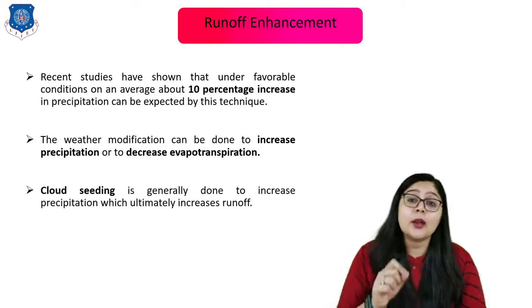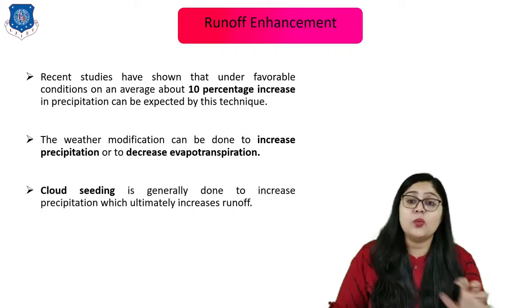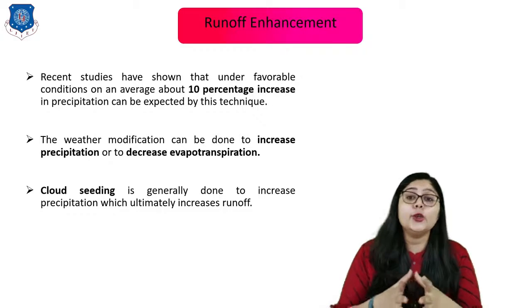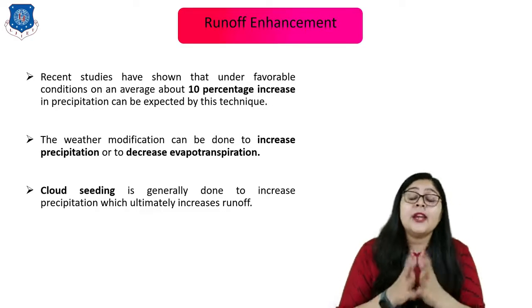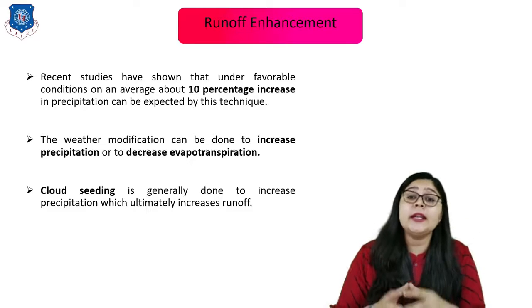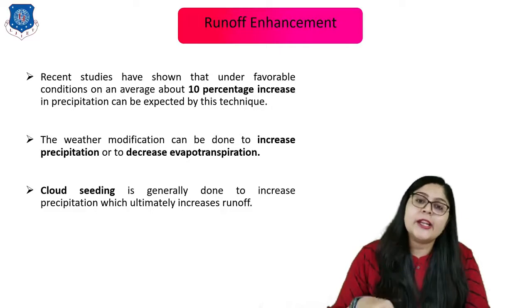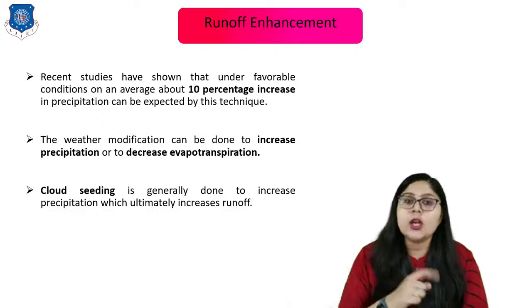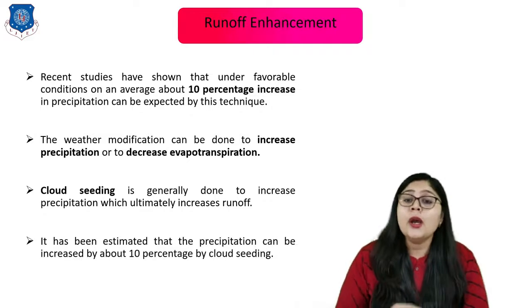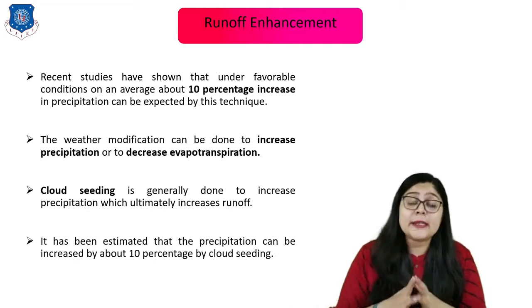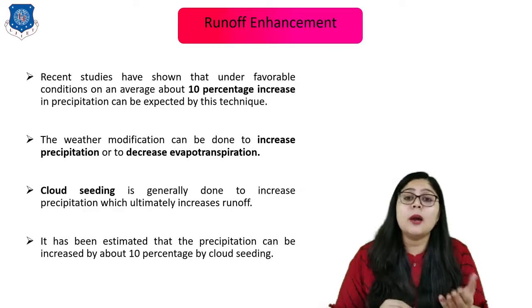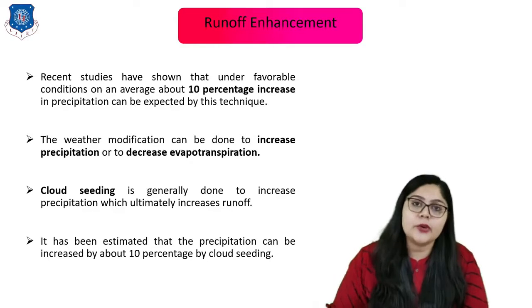Here the term cloud seeding comes into the picture, where cloud seeding is generally done to increase precipitation, meaning rainfall, which ultimately increases the runoff. That is why this method is known as runoff enhancement. It is estimated that precipitation can be increased by about 10% by cloud seeding.